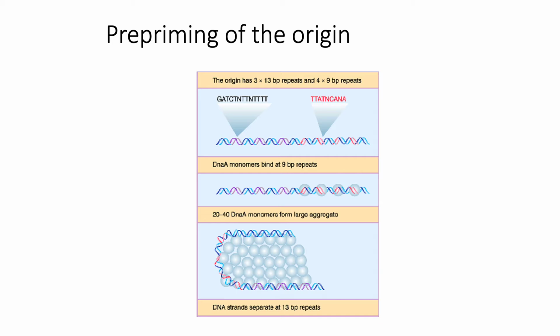Once that happens, then many more of these molecules can bind to the protein as well as to the DNA, causing it to loop around as shown in the bottom. And basically what that does, it twists the DNA and allows the 2 strands to open up.